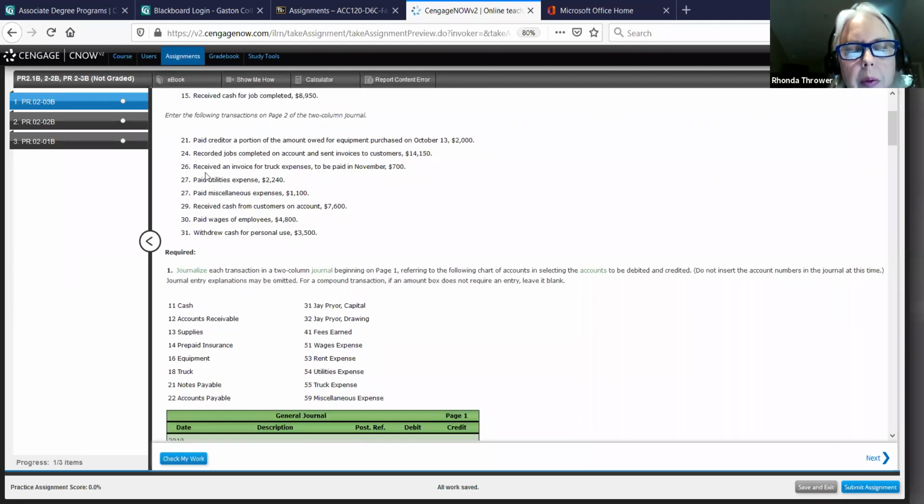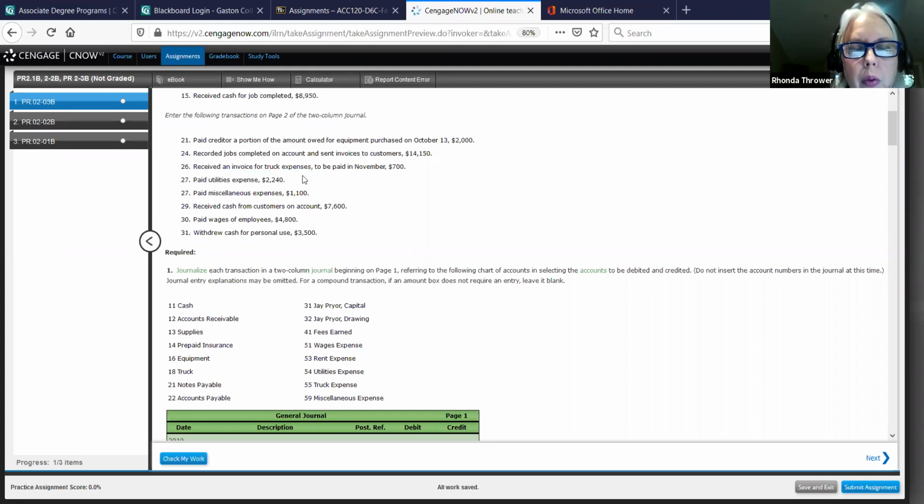Now look what happened on the 26th. This time we received an invoice. If we're receiving an invoice, that means that we're going to have to pay something in the future. That means that we owe an amount in the future. We've received an invoice for truck expenses. It is to be paid in November.